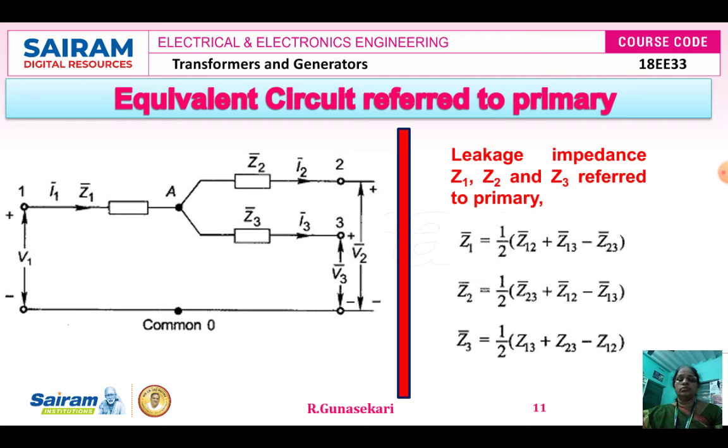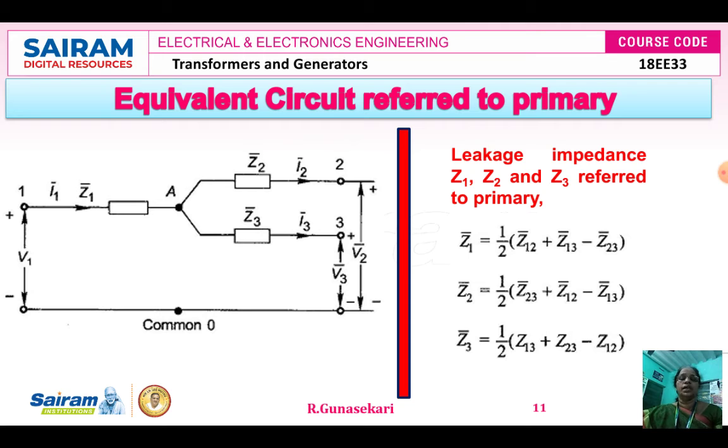The common terminal 0 is at 0 volts. Then the impedances Z1, Z2, Z3, and the currents I1, I2, I3. Terminal 1 is the primary winding, terminal 2 is the secondary winding, and terminal 3 is the third winding or tertiary winding.